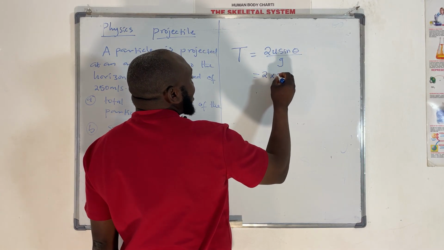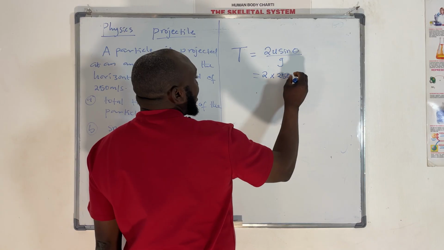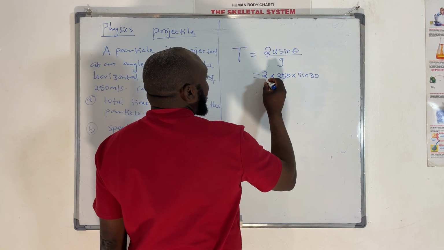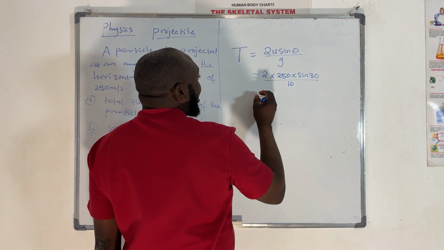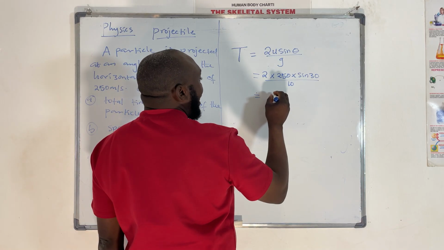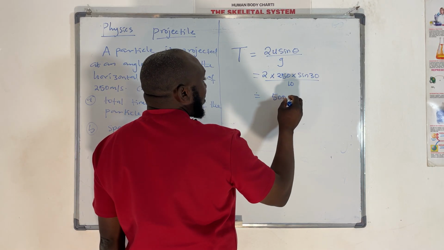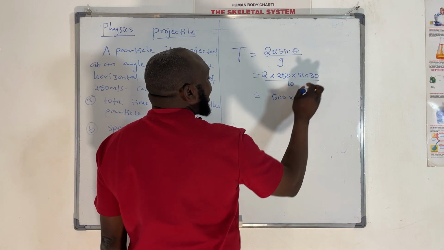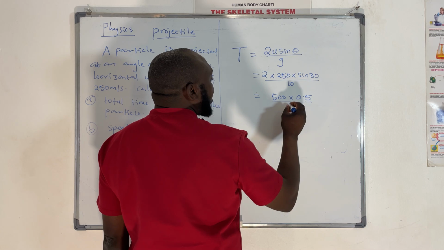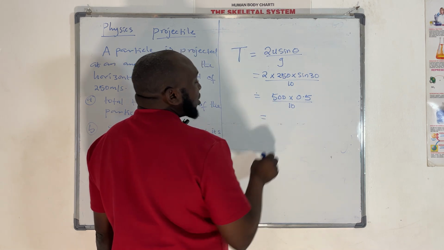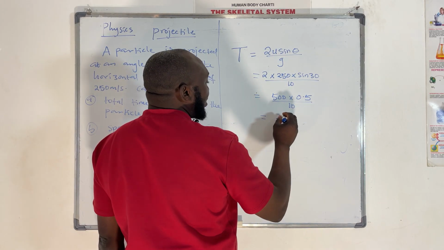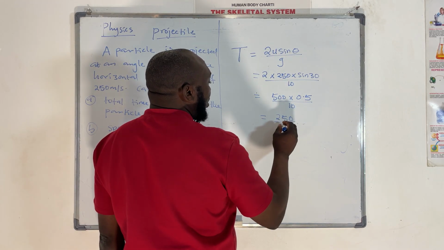2 times 250 times sine 30 over 10, which will give us 2 times 250 is 500, times sine 30 is 0.5, over 10, which is equal to 500 times 0.5 is 250 over 10.